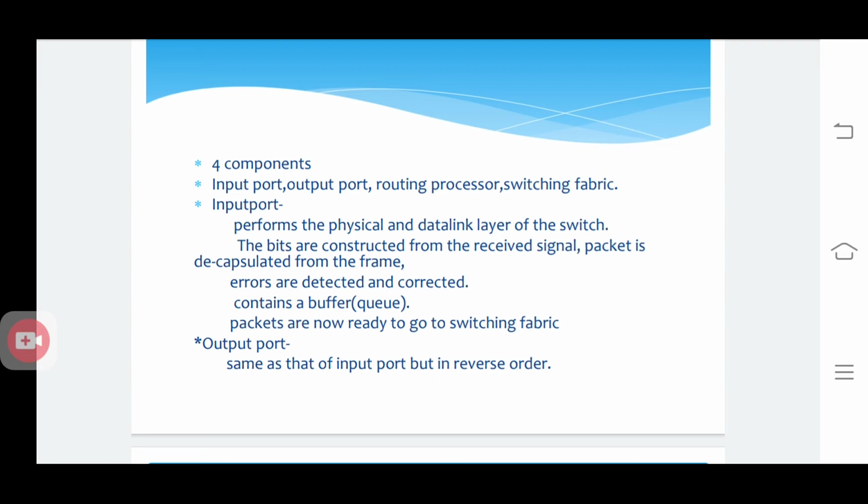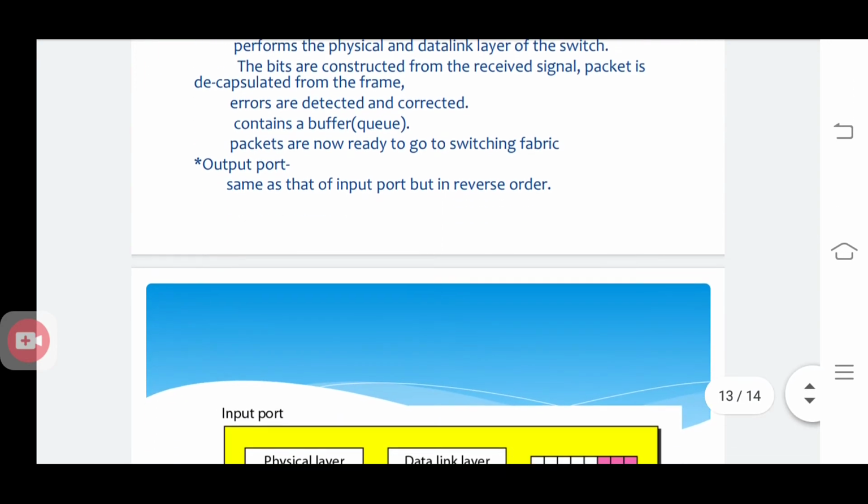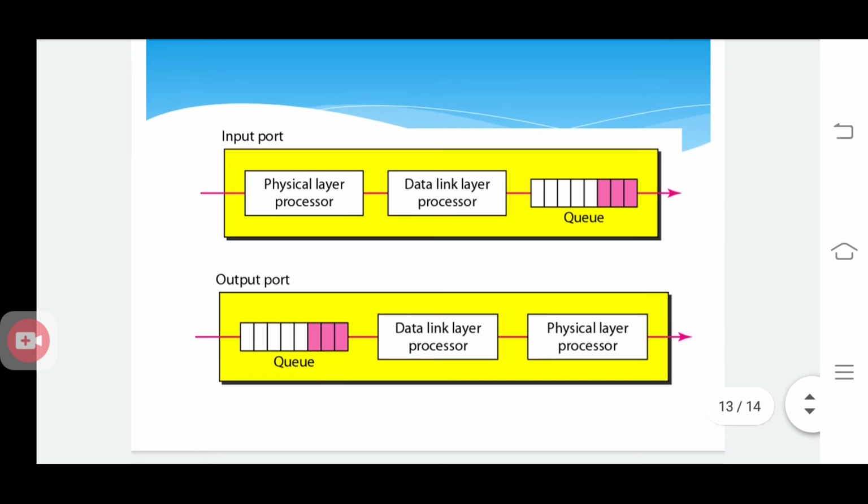The output port is the same as the input port, but in reverse order. You can see the physical layer processor and data link layer processor. That means for a switch, the physical and data link layers are its input and output ports. The queue holds the packets.